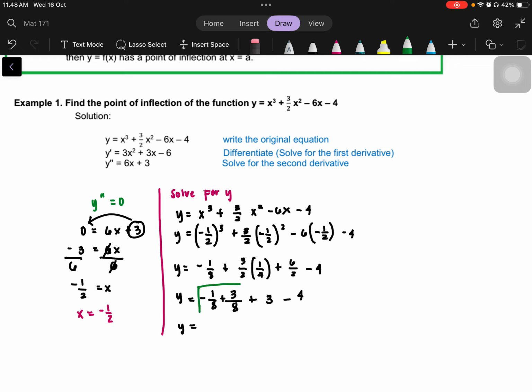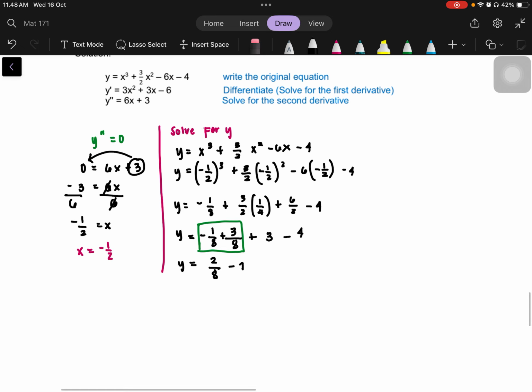Okay. So, ito ang dalawa natin, pwede natin pagsamahin, diba? This one. Kasi they have the same denominator. So, negative 1 plus 3 is 2 over 8. And then, 3 minus 4 is minus 1. Okay. So, ang paggagawin natin dito, we have y is equal to, okay, so 2 over 8 minus, gawin natin, yung 1 gawin natin siyang fraction, 8 over 8.